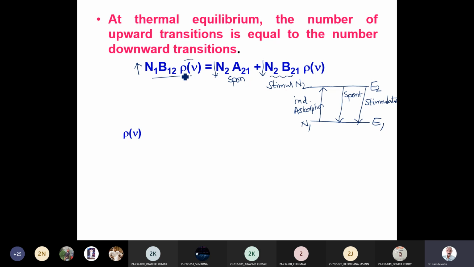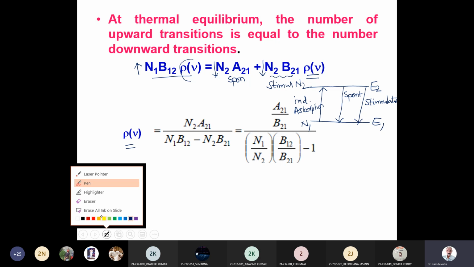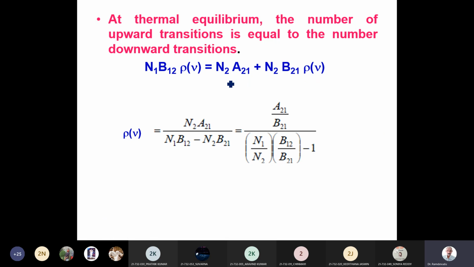From this expression, I want to calculate the energy density rho. If I take the other side, I will get it like this. That is N2 by N1, this is the condition. If I divide by B12, I will get this condition.